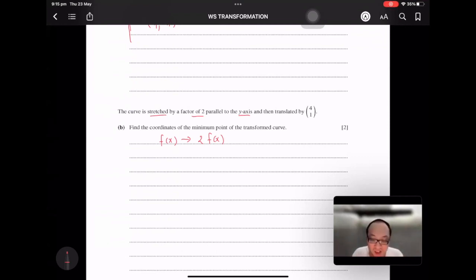And then we translate the function by 4, 1. That means 4 to the right and 1 upwards. So it will become 2f(x minus 4).